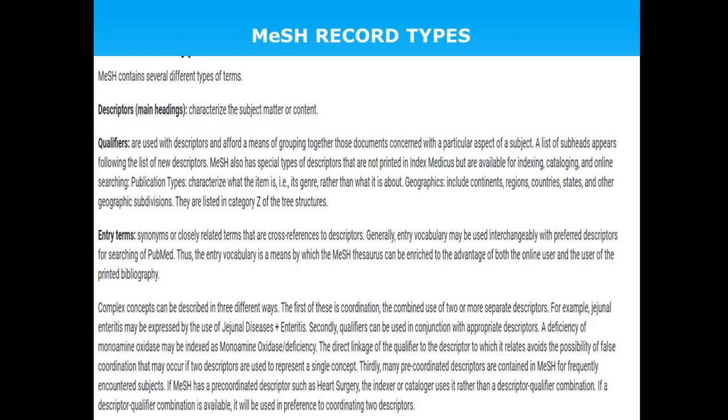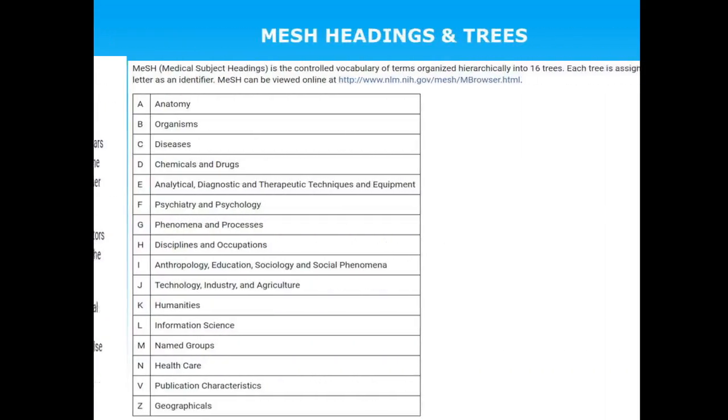So if it is readily available as a descriptor for heart surgery, you can automatically use it instead of a descriptor qualifier combination or the principle of coordination, whatever it may be. If a descriptor qualifier combination is also available, then it should be used. If it is not available, use the predefined, pre-coordinated terms. That is the basis they are using to express complex concepts.